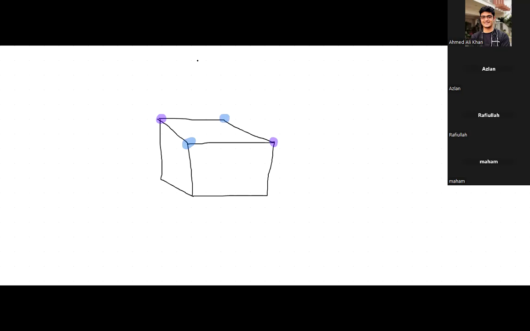ठीक है। Just have to make sure कि opposite corners के ऊपर there should be the opposite ion, ठीक है। So sodium at one corner, and then on the opposite corner there should be chloride. Okay? So we have sodium here, chloride here, sodium here again, and then we have chloride here.